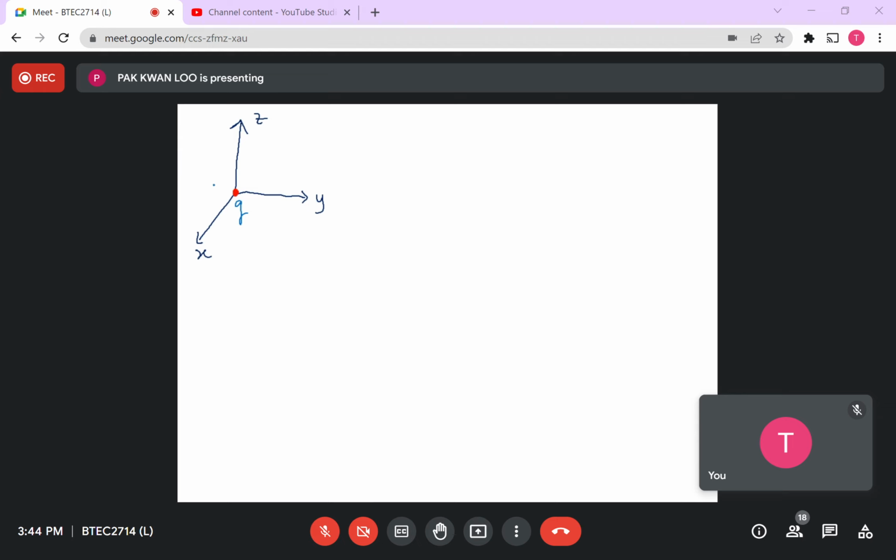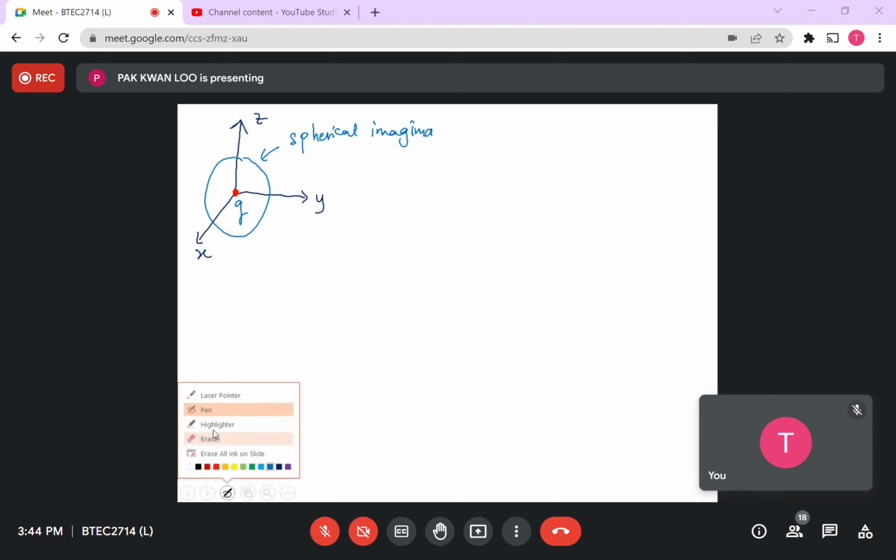Imagine that this point charge is in three-dimensional space, located at the origin O. Imagine a spherical imaginary surface enclosing the point charge.